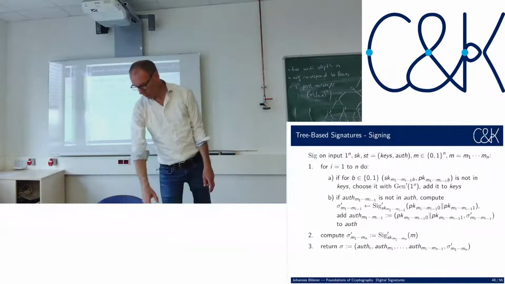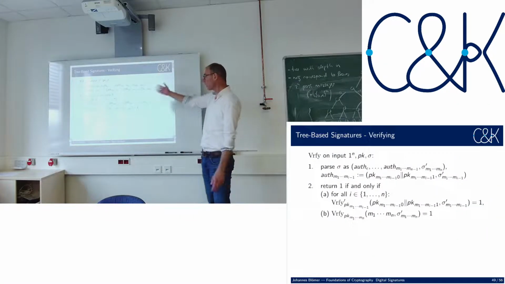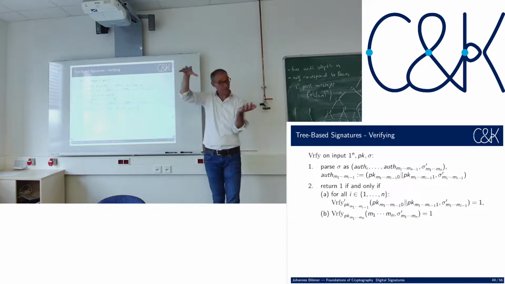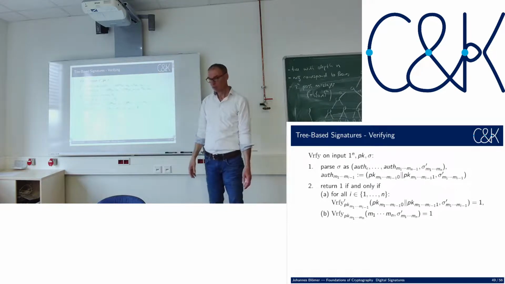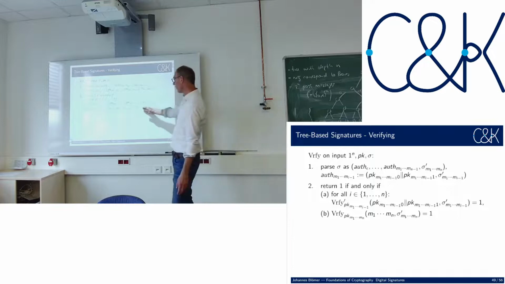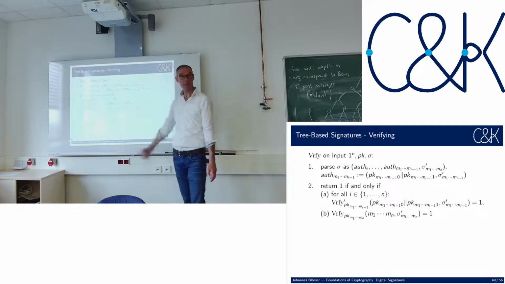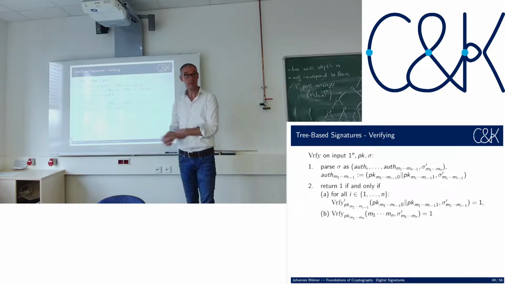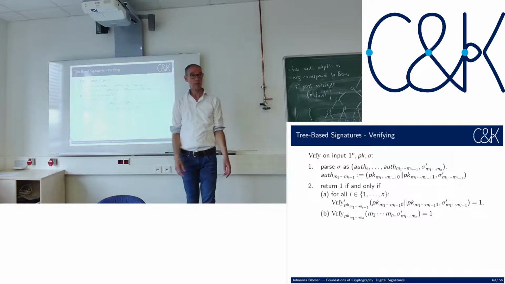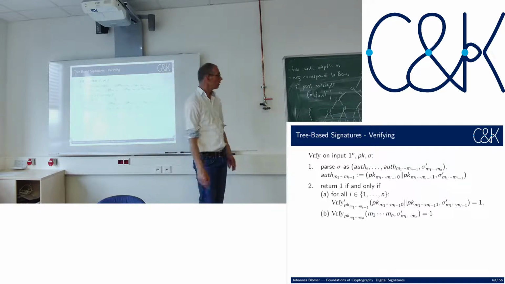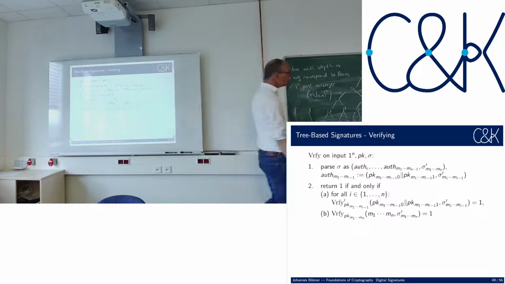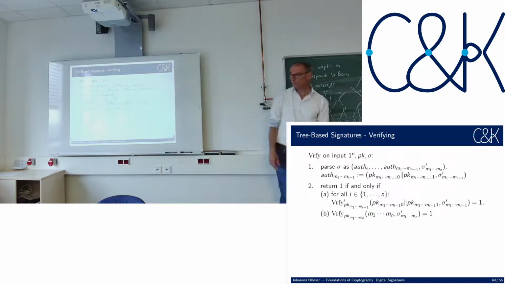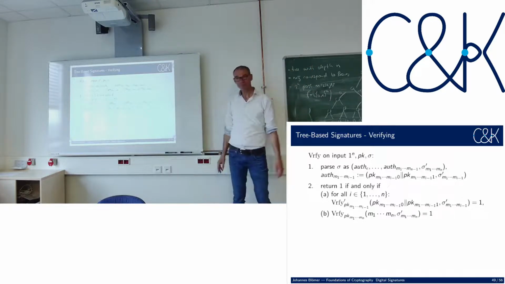And the verification is simply done. You pass this authentication, you check that everything fits, and at the end, you verify the signature as well with the verified public key at the end. And that's what is written down.